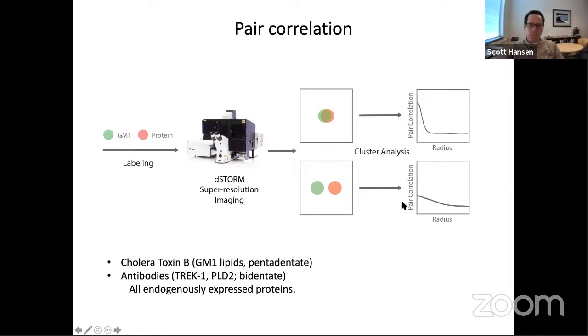And if they're really just spread around and there's not a real tight clustering at short distances, then we expect to see something like this. Normally in the data that I described, we'll take the first 5 nanometers and just describe, at 5 nanometers, is there a change? And that allows us to statistically compare, is there a real change in how close things are together?